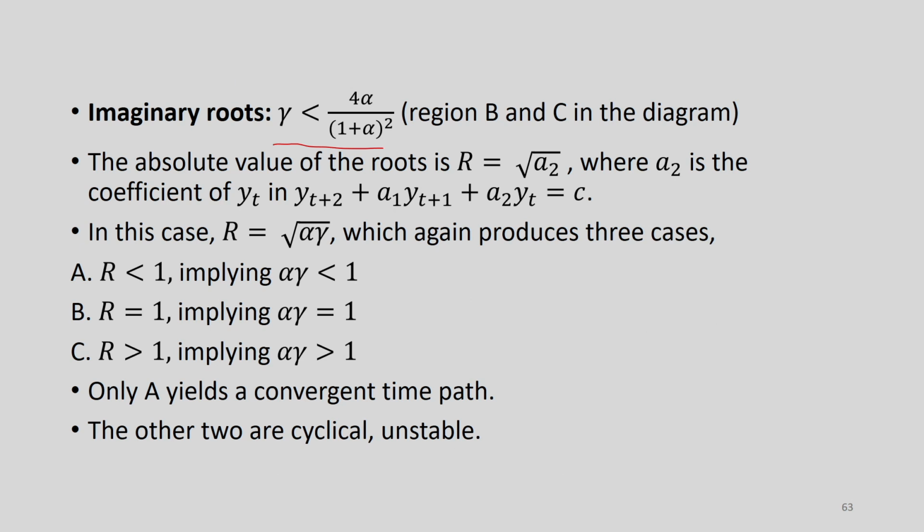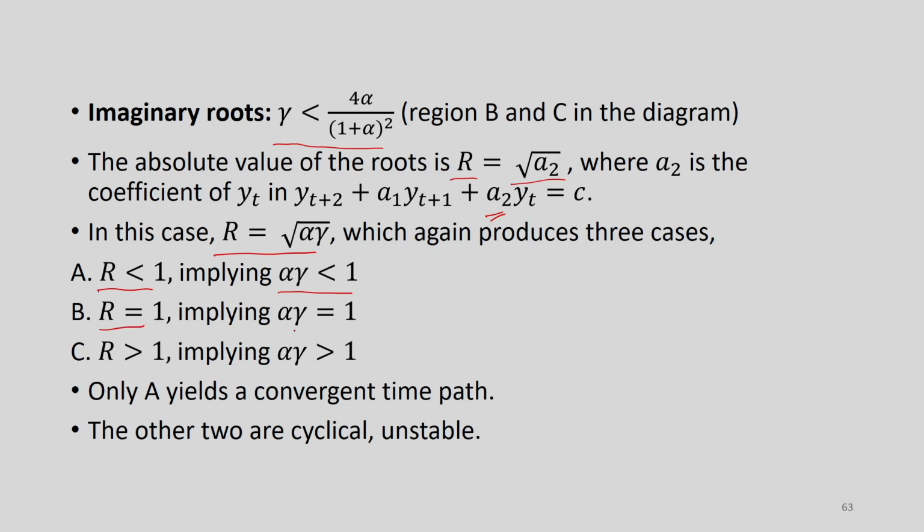Now, as we know, the absolute value of the roots, r, is important, and it has to be less than 1 for convergence. Here r is equal to root over a, where a is this coefficient. So, in our case a is equal to alpha multiplied by gamma. So, r is equal to root over alpha multiplied by gamma, and here again, like before, there are going to be three cases. r less than 1 means convergence; in this case alpha multiplied by gamma has to be less than 1.